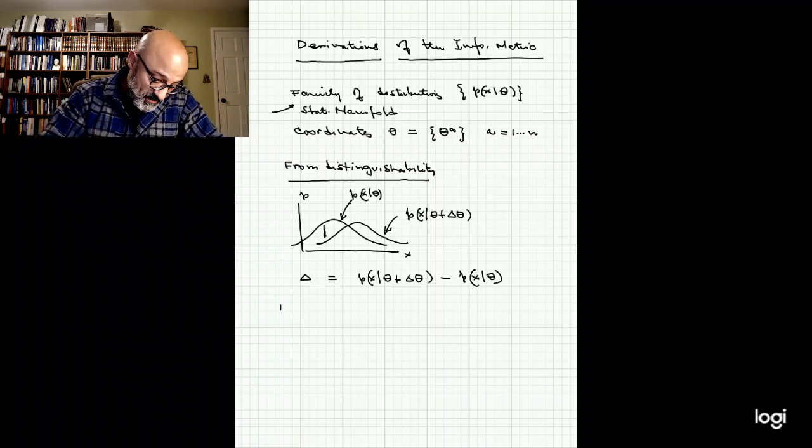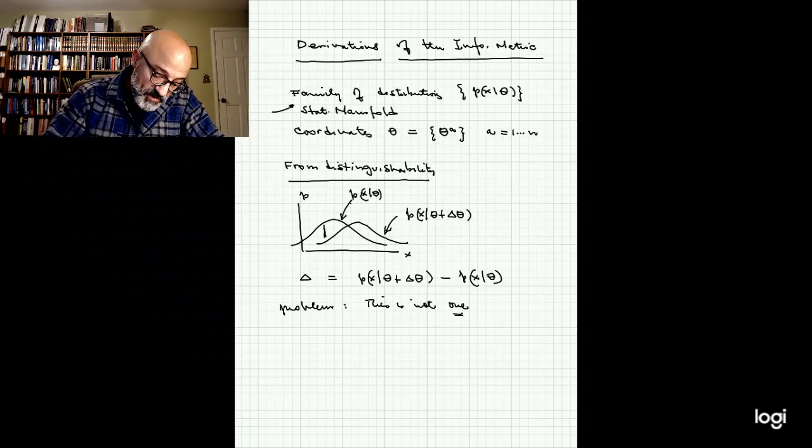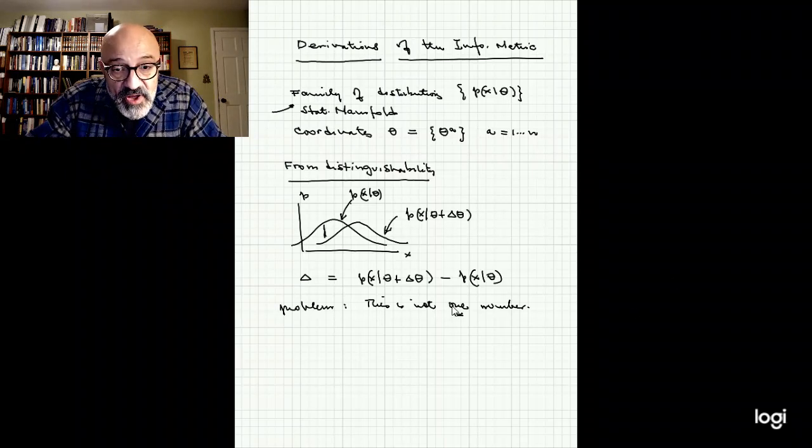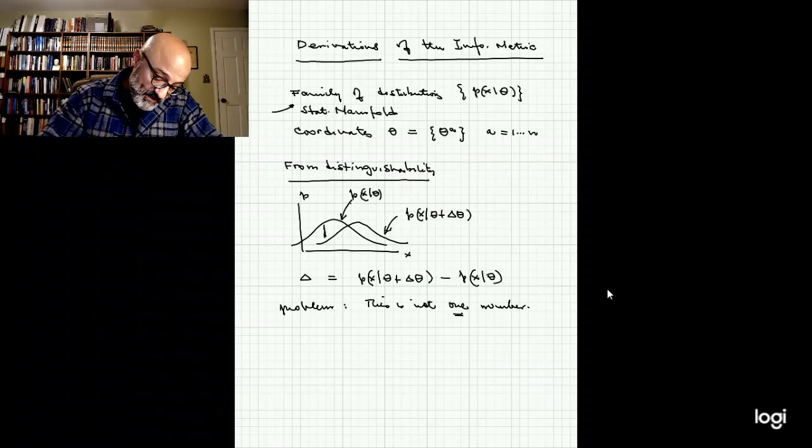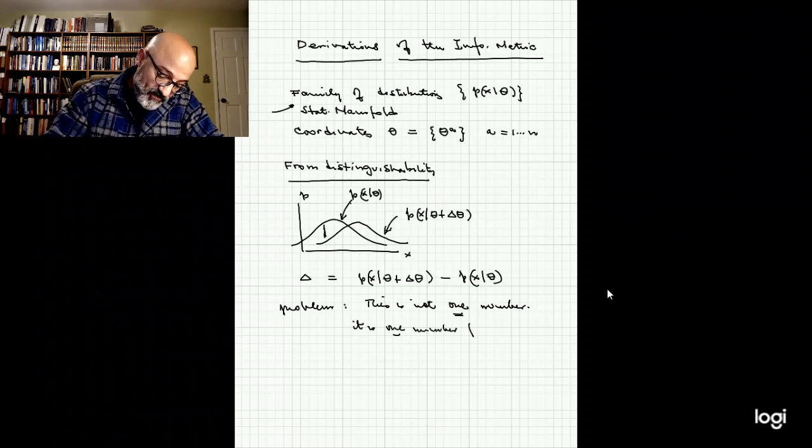Problem. This is not one number. It is one number for every value of x. So this is many numbers, one number for every x.